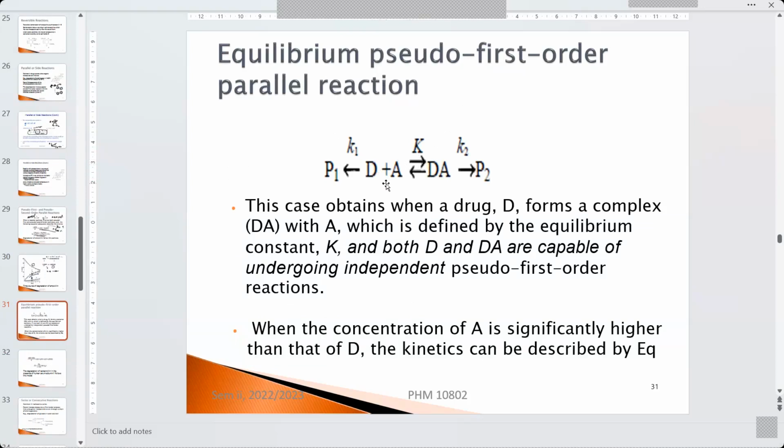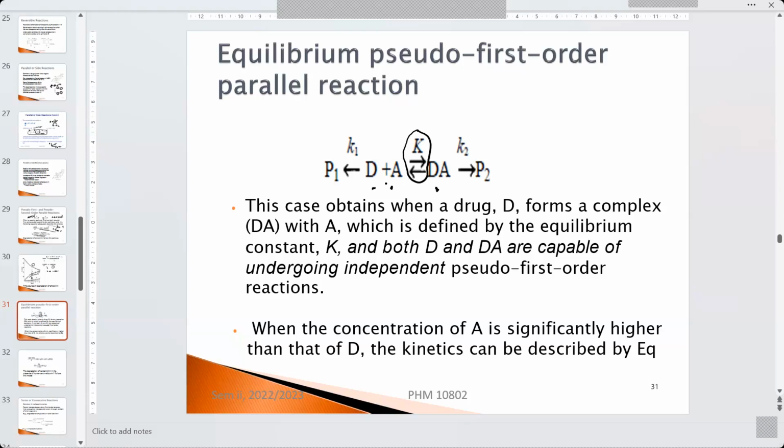So you have a drug D and A, they will react together to form a reaction complex. Okay, and this reaction is reversible and has an equilibrium constant. And in this direction, after this complex formation, product 2 will be formed.